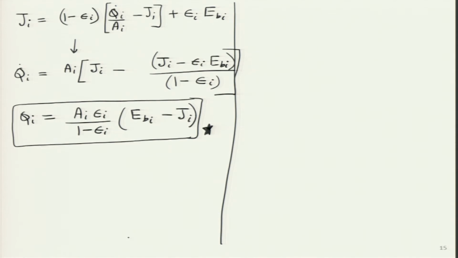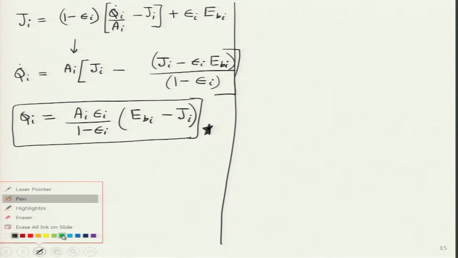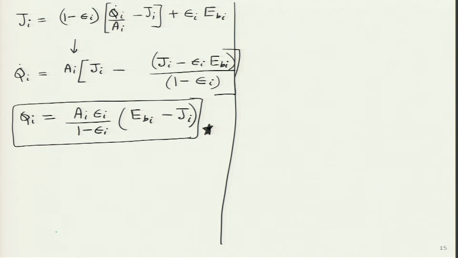We have to be a little bit creative, and in engineering and science it is very important to be creative, and let me show you how we can find that hidden resistance over here. If I can write this equation in this particular form, because from electrical analogy we know the current flowing through any wire or conductor is proportional to the voltage drop and inversely proportional to the resistance.